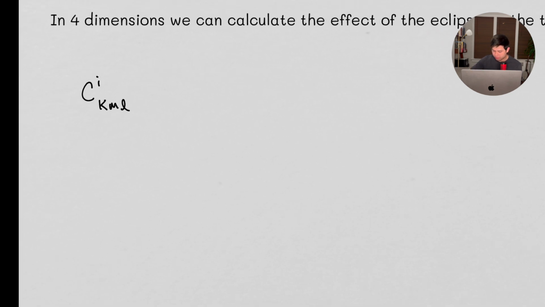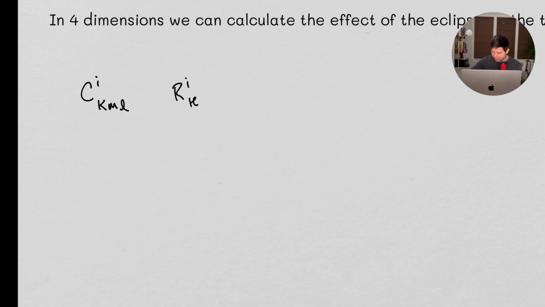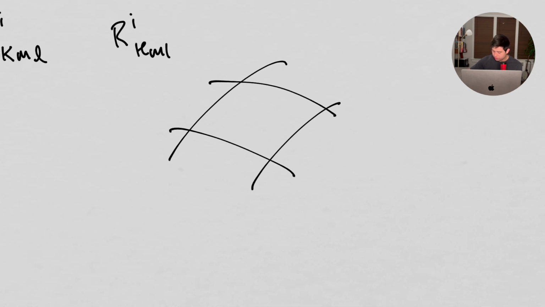The way we can think about this is, well, we've talked about the Riemann tensor. Right, the Riemann tensor, we could say k, m, and L also. When we're talking about the Riemann tensor, suppose we have some field, right, and we're comparing essentially what happens when we travel in the m direction and then in the L direction.